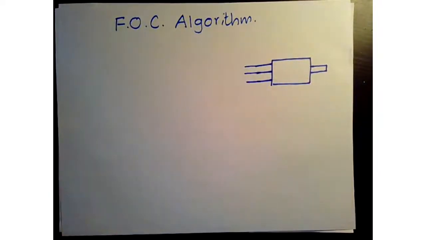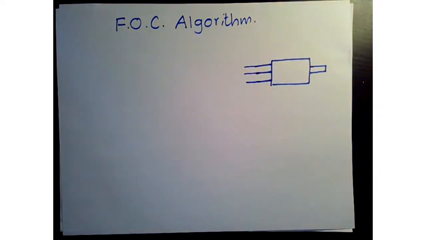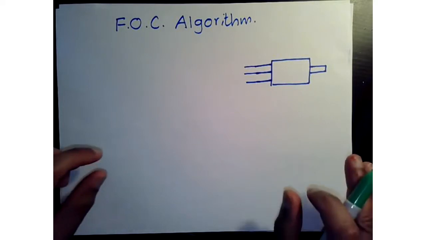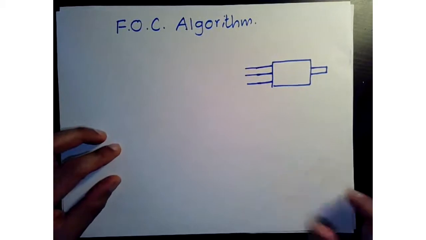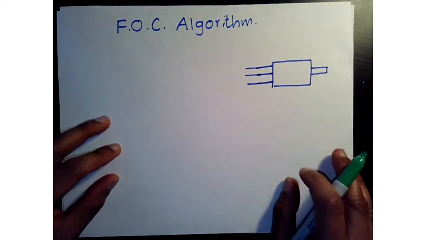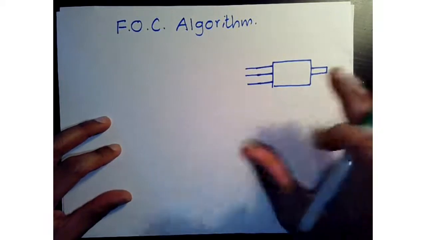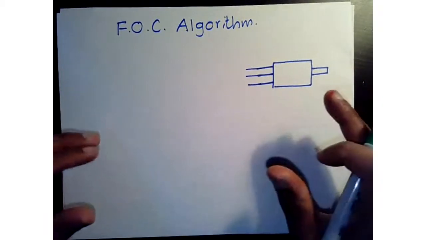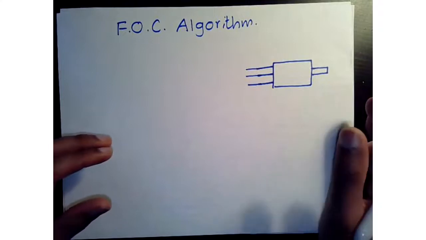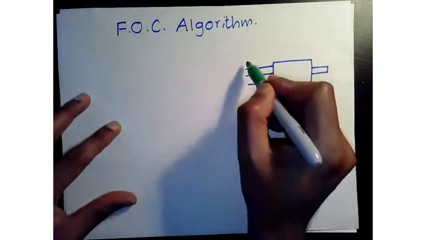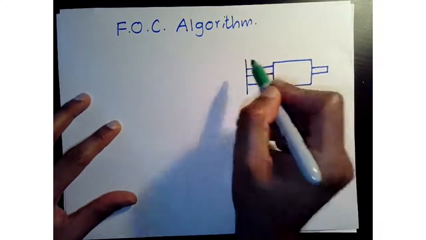Of course, you can connect a three-phase machine to three-phase line voltage, but then it's just going to run at that one set frequency because the frequency is not changing. If you want to control the speed and have flexibility over the voltage or the current that flows through, we need a three-phase inverter.